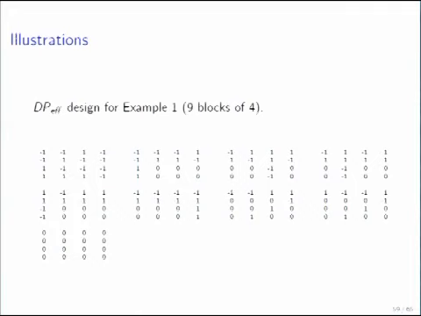Just to show another example, one thing to note is that the DP efficient design gave something like that. That is a block with all center points in one block. And, well, we might not like that. So it's good to think of a compromise criterion for not getting that.